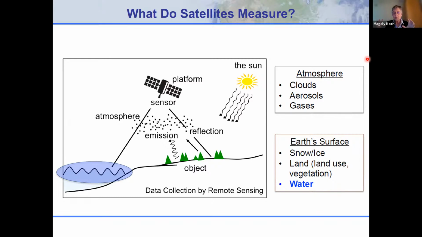For each of these components, whether it's the atmosphere or, within the Earth's surface, the biosphere, the hydrosphere, or cryosphere, snow and ice and so on, very specific instruments need to be used. So again, this just summarizes the different types of radiation captured and collected by these sensors.